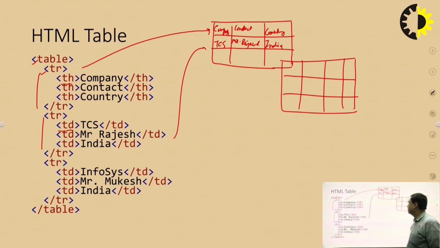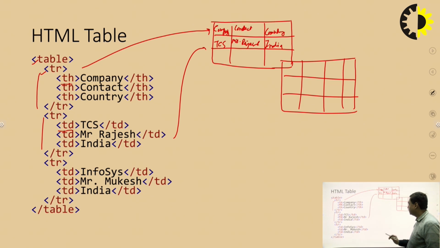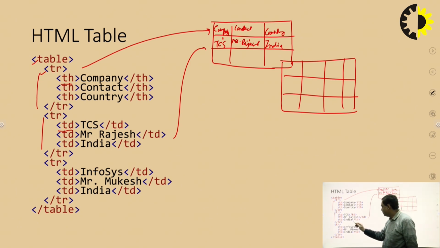The text of the table header may be in bold, and TCS, Mr. Rajesh can be in normal font. So TH is for the table header, and TD is basically to create a column, a cell. One cell is created, so this is one TD, second TD, this is third TD: TCS, Mr. Rajesh, India. So we have created 3 cells, meaning 3 columns.